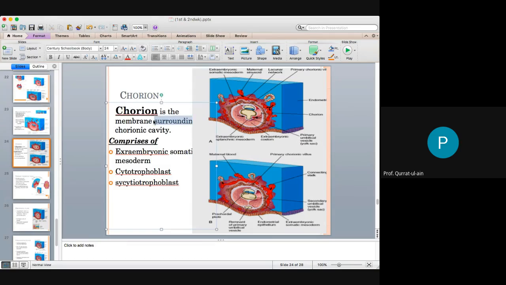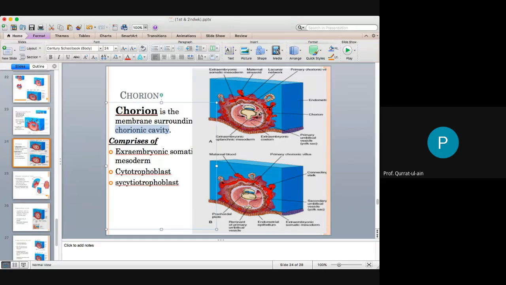This is known as the chorionic cavity, and the chorionic cavity is surrounded by a membrane, which is the chorionic membrane. You can see the chorionic membrane here, which is actually the wall formed by the outer layer of extraembryonic mesoderm, the cytotrophoblast, and syncytial trophoblast. Right?